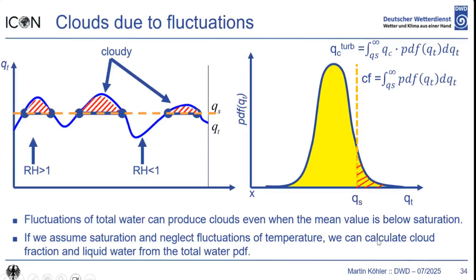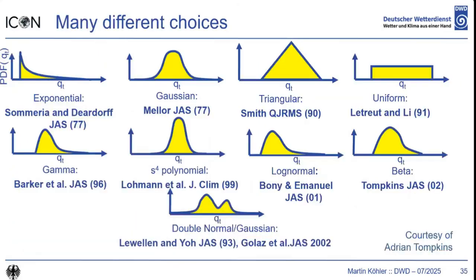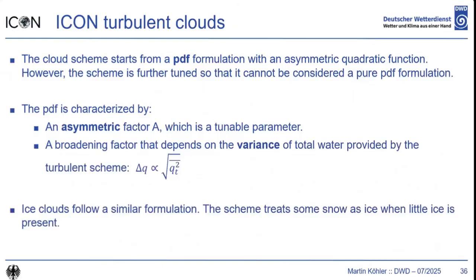So if you have knowledge of your variance and how the PDF looks, and it could look completely different, then you're in business. And there are different papers with assumptions about PDFs that can be as different as a triangle, like a scheme in the Met Office from Smith, or a box top hat function, or Gaussian, double Gaussian, you name it. So the possibilities are plentiful.